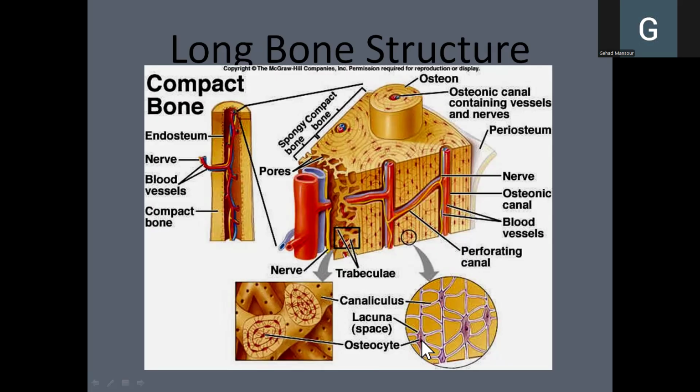And you can also see that the osteocytes have extensions, they have processes, and therefore it's good that the canaliculi are branched so that the processes or the extensions of the osteocytes can have space to fit in, and the osteocytes can join each other.